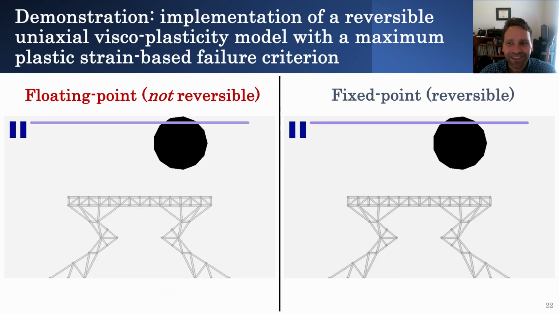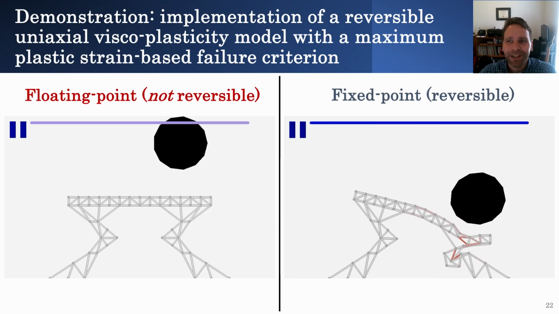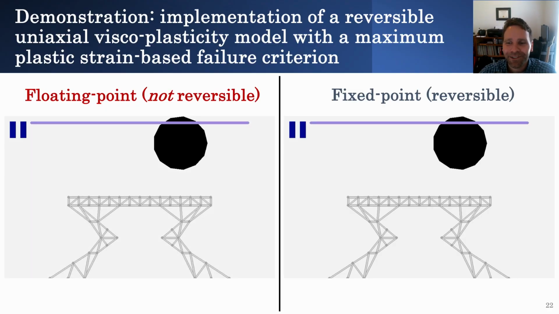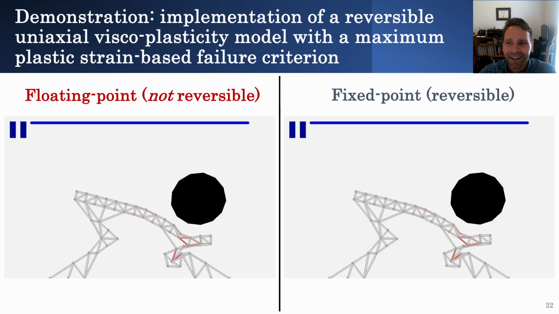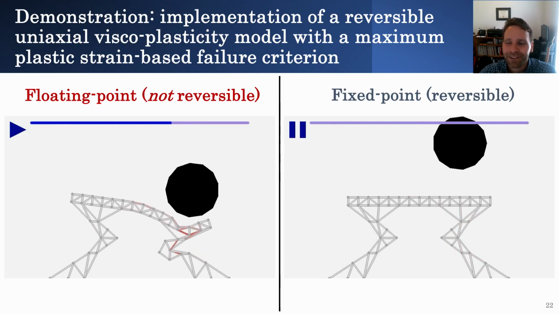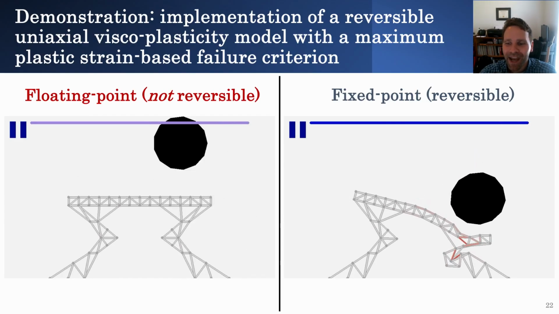And doing this, I can do some really crazy stuff, like in this simple uniaxial implementation of that elastoviscoplastic material model. On the right, I have my perfectly reversible implementation of an elastoviscoplastic truss being subjected to this dynamic impact.